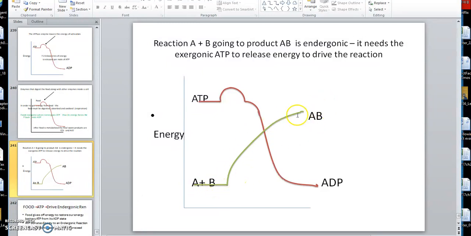Maybe to build a muscle or something. So food releases energy. Enzymes help it. The energy released from the food pushes the phosphate back to ADP to make ATP. And then you use the ATP as our energy battery to do various things in the body. Run, dance, whatever.